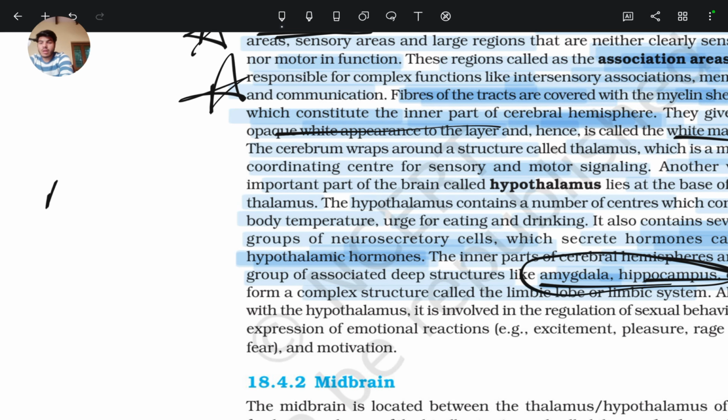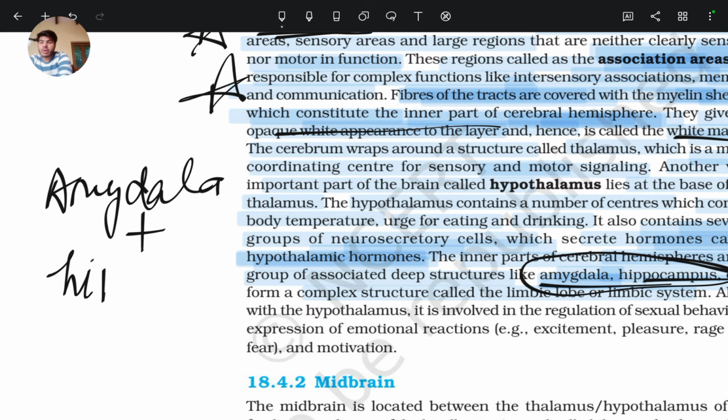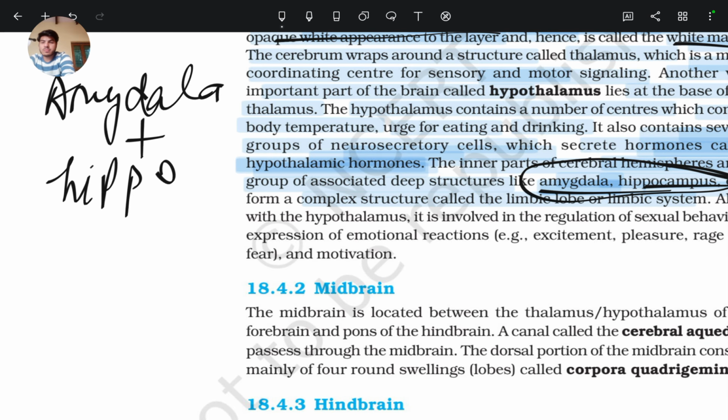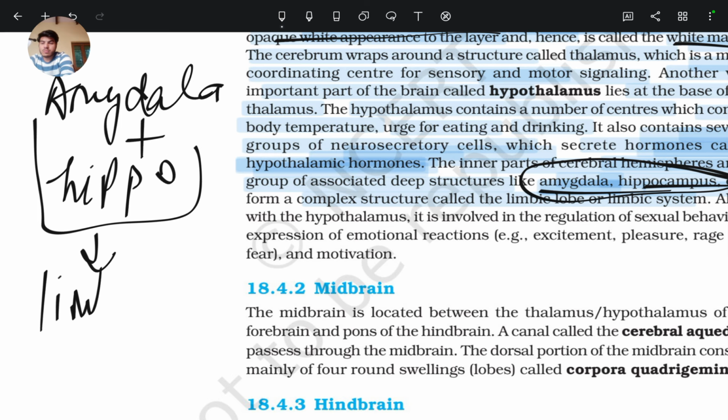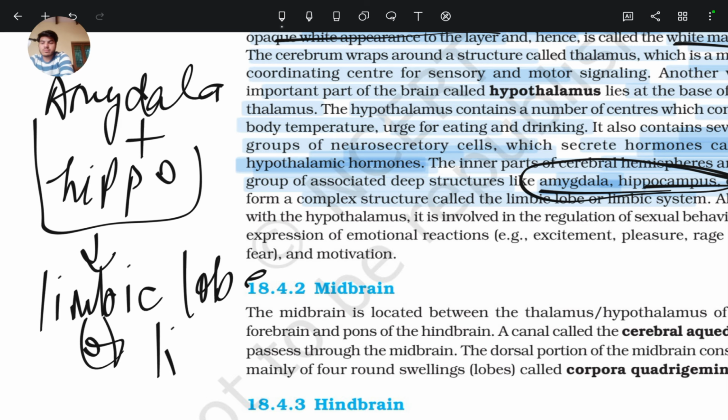So amygdala plus hippocampus form the limbic lobe or limbic system.